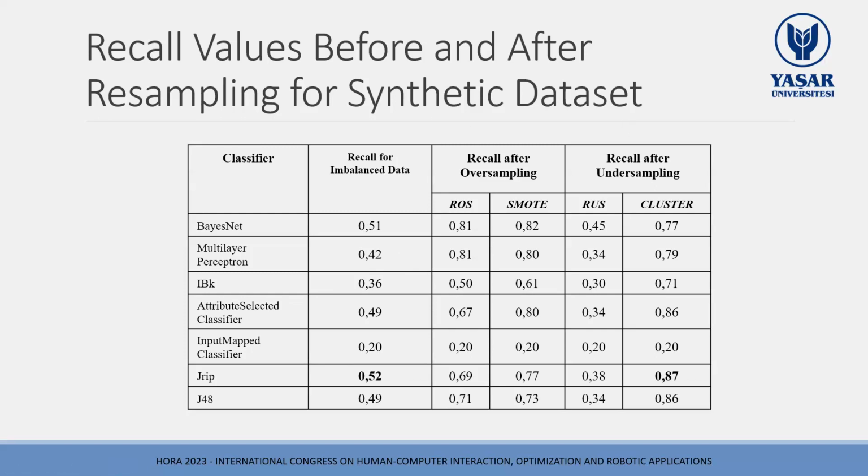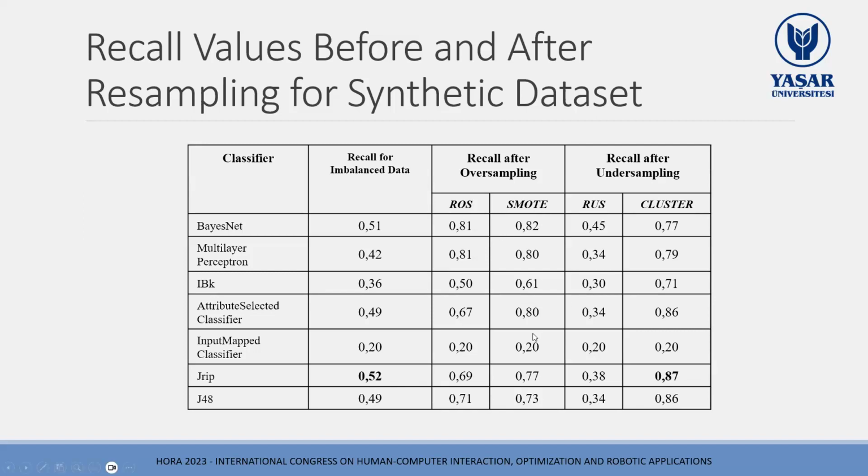The JRip algorithm performed the best on the imbalanced dataset with a recall of 52. However, the balanced datasets generated using resampling techniques exceed the performance of the imbalanced dataset by approximately 30%. In particular, SMOTE proved to be a better method, providing a more accurate representation of the minority classes than ROS.